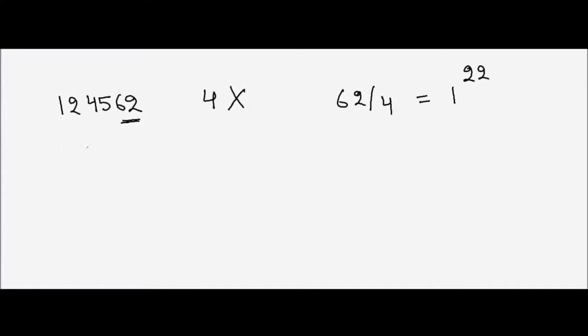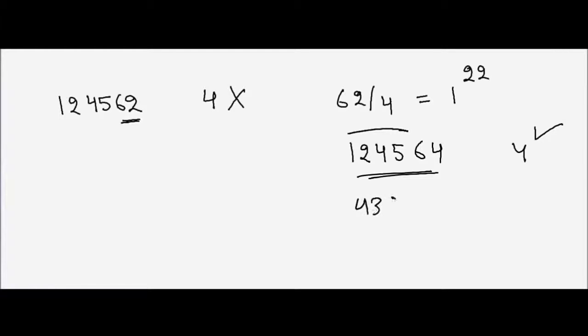So how can I modify this number? If I change the ending, so I make it 124564, then this number should be evenly divisible by 4. And I can modify this number any way. I can write 432164, then again it is divisible by 4.